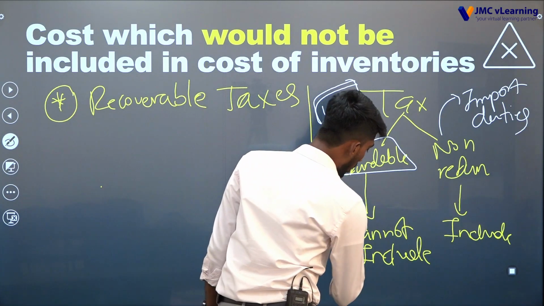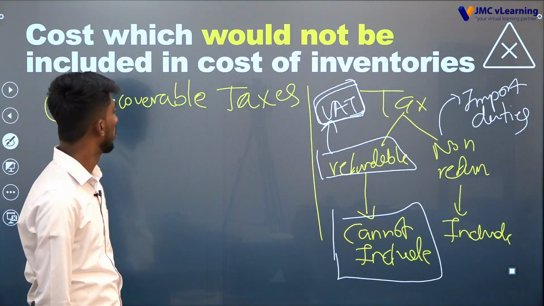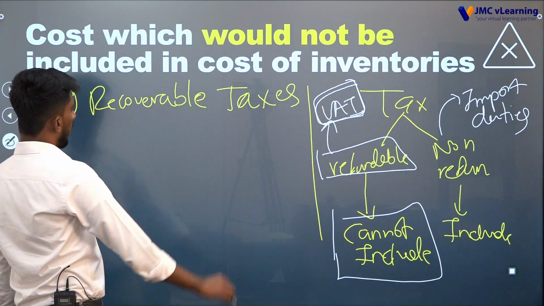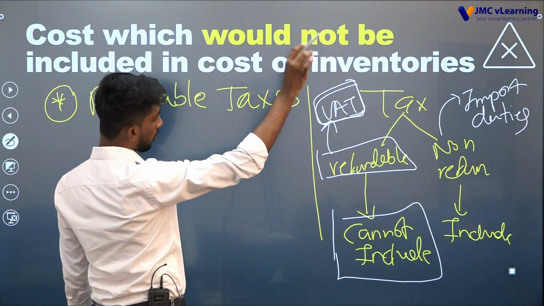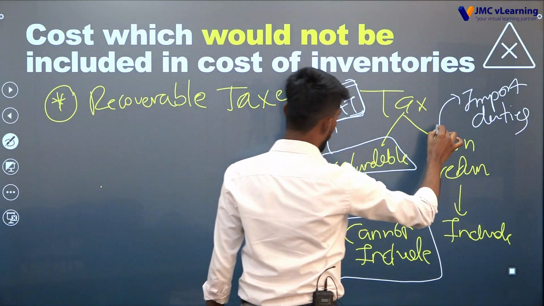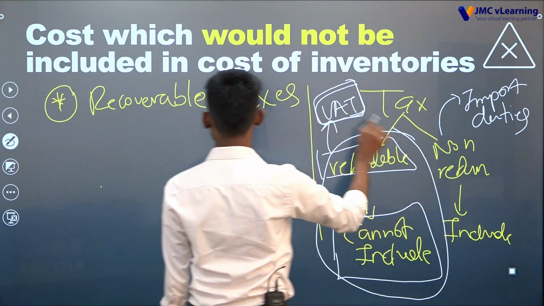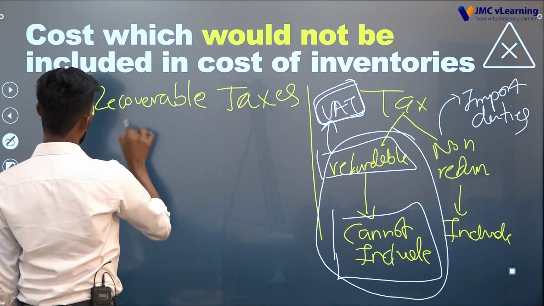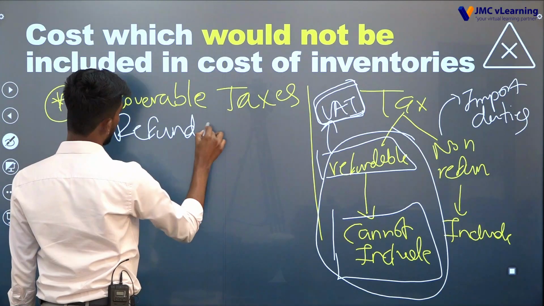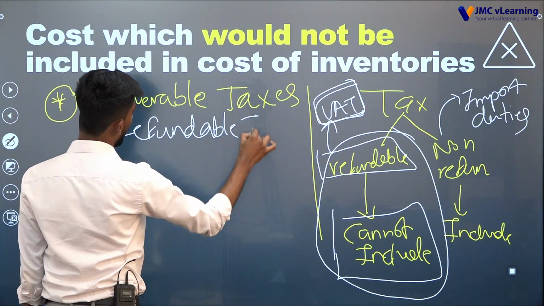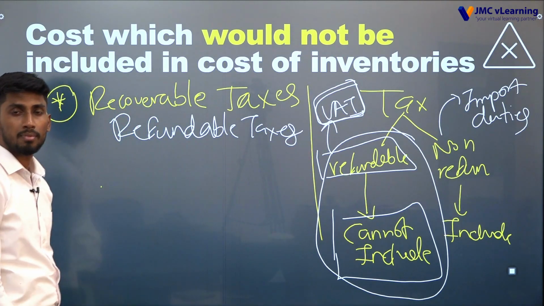So the cost which would not be included in the cost of inventory, you should know, are the refundable or recoverable taxes, in other terms, refundable taxes.